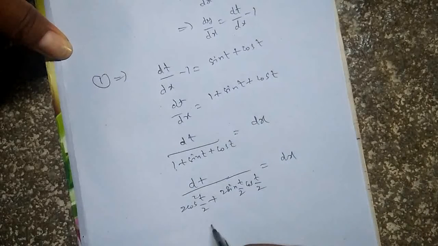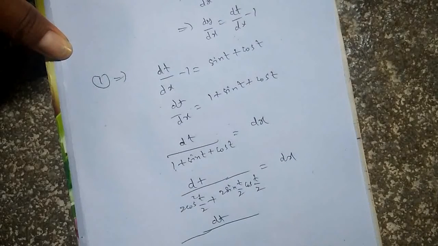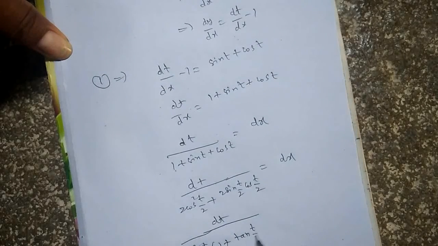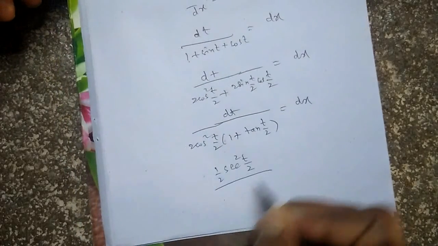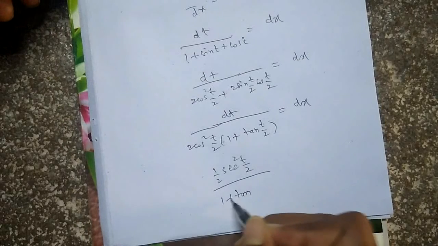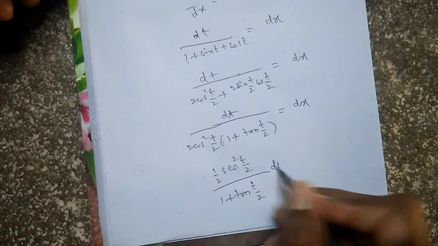This is dt by 2 cos square t by 2 common, into 1 plus tan t by 2, is equal to dx. This is 1 by 2 secant square t by 2 by 1 plus tan t by 2 dt is equal to dx.